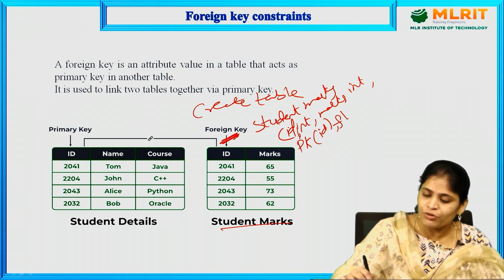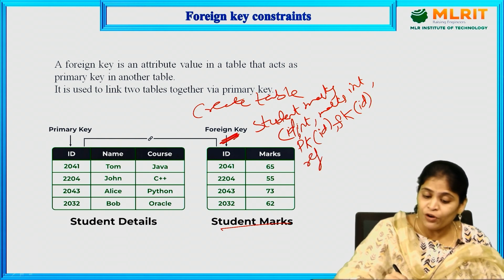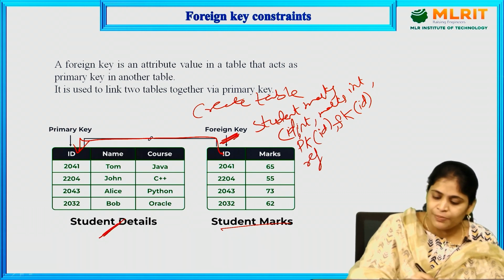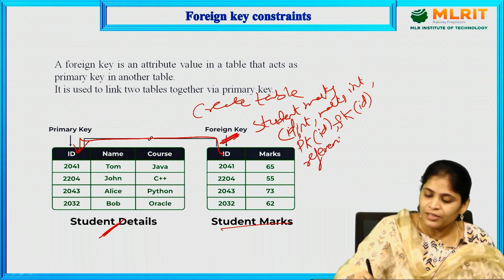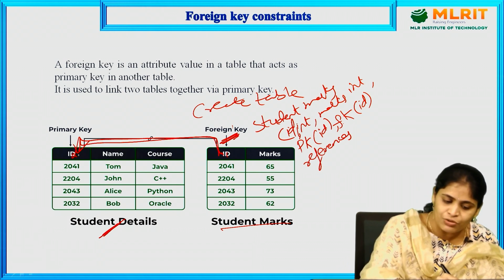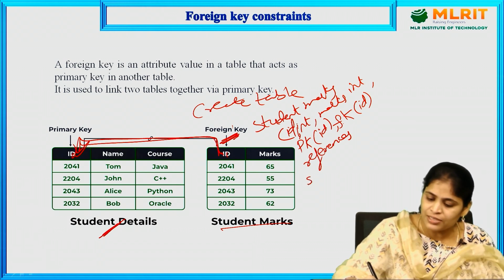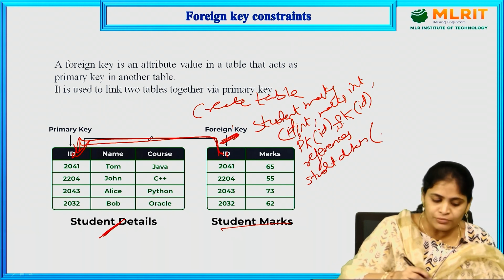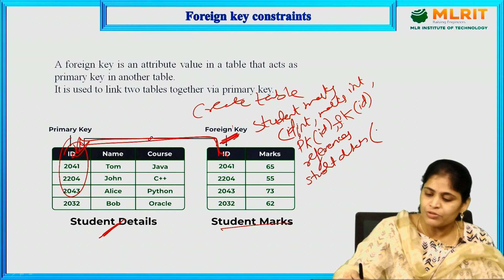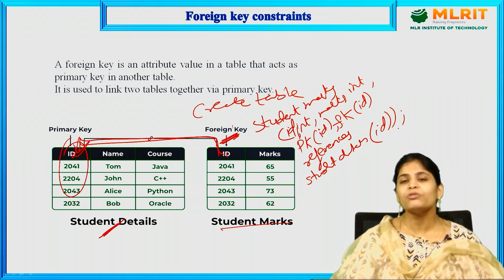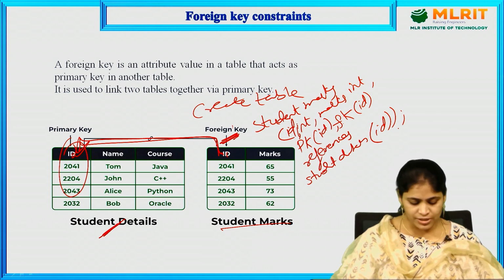So, foreign key of ID, and this foreign key is referencing what? The student details table. So, here we have to write foreign key of ID references student details, which column? The student details ID column. So, ID you have to mention here. In this manner, we specify foreign key constraints in SQL.